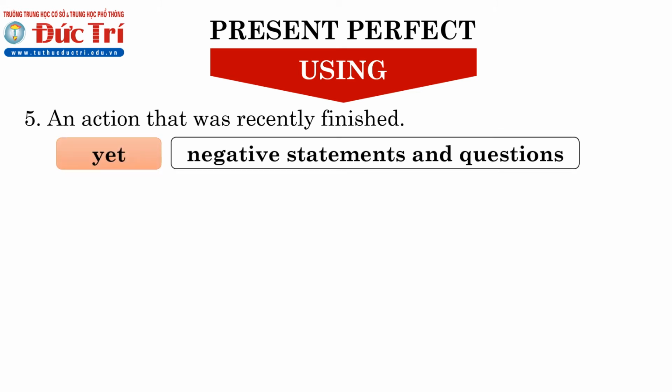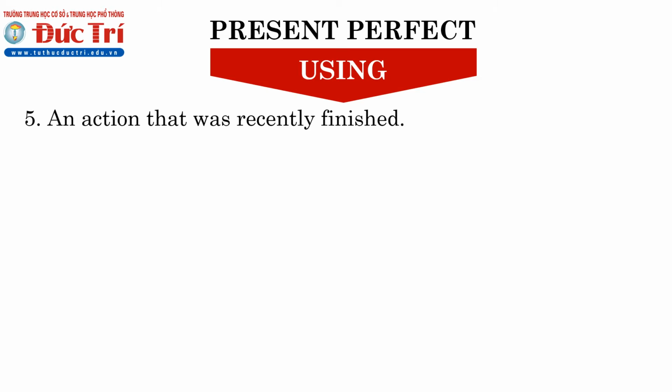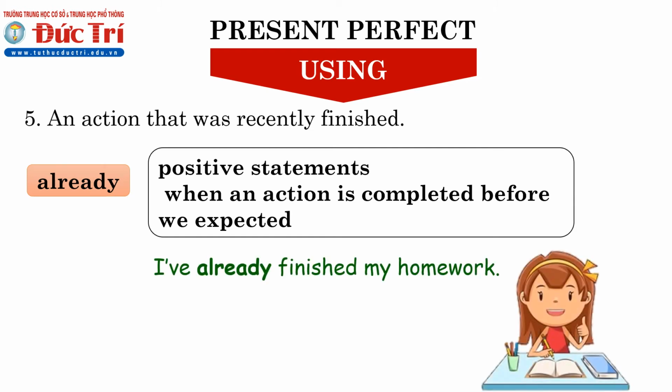Yet is only used in negative statements and questions. For example, the bus hasn't arrived yet. When an action is completed before we expect it, we use already in positive statements. For example, I've already finished my homework.